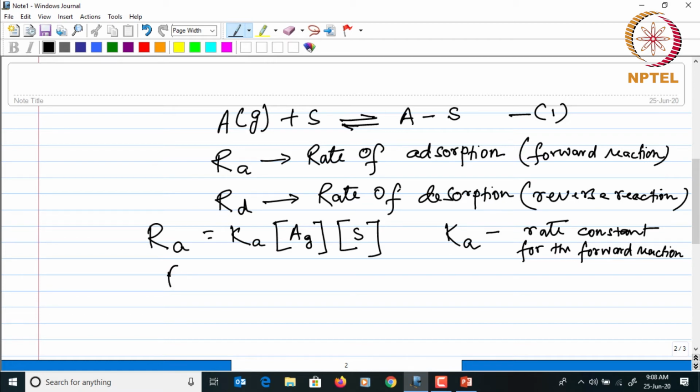Similarly, Rd will be given as this, where Kd is the rate constant of the reverse reaction.